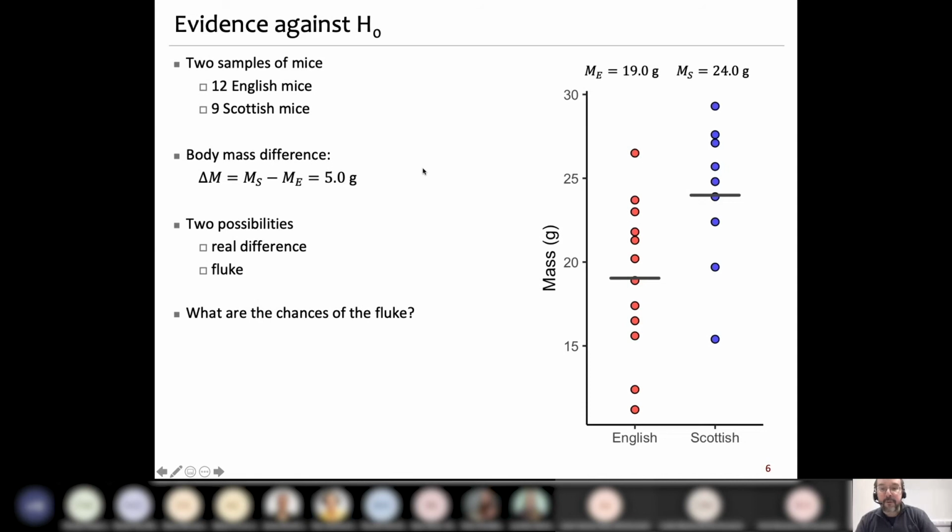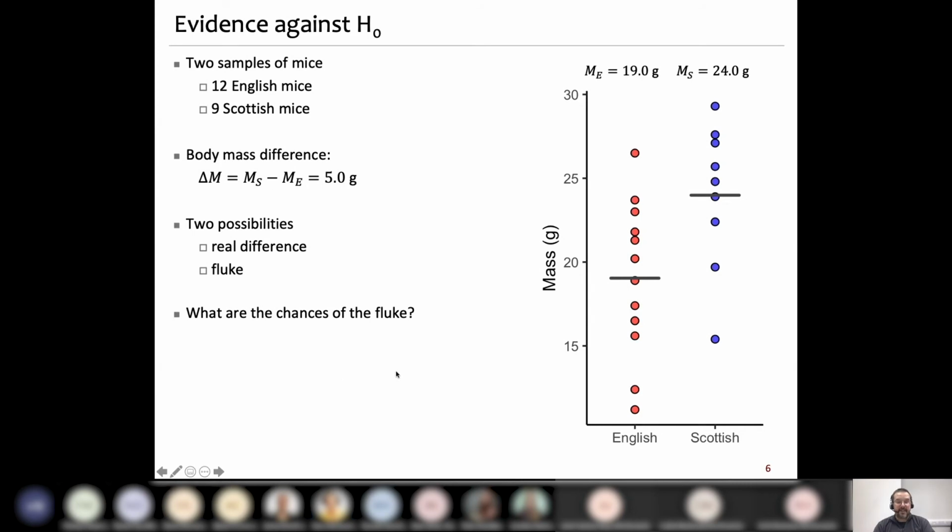Now, there are two possibilities. Either the difference is real and Scottish mice are truly heavier than the English mice, or this is a fluke and the two samples come from the same population of mice and the observed difference is obtained by chance.